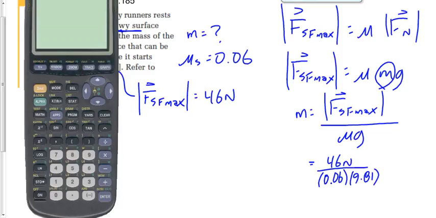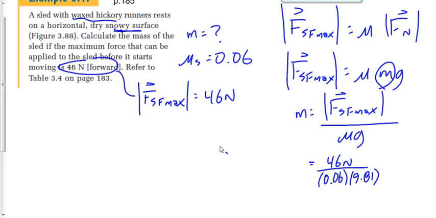Let's do that on the calculator. 46 divided by, let's use some brackets, 0.06 times 9.81. 782. How many significant digits should that be?